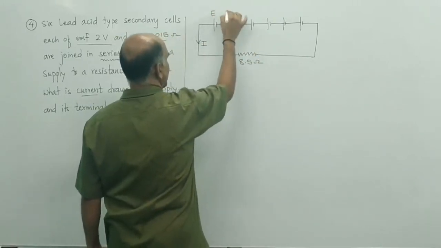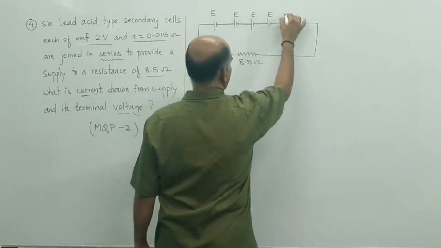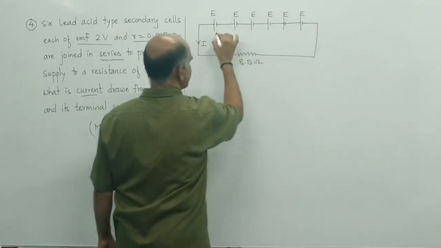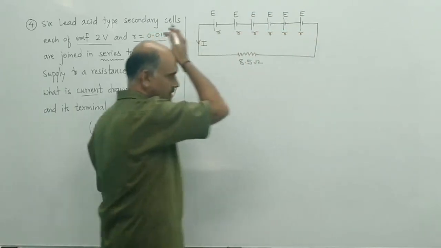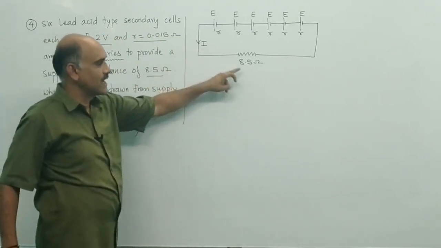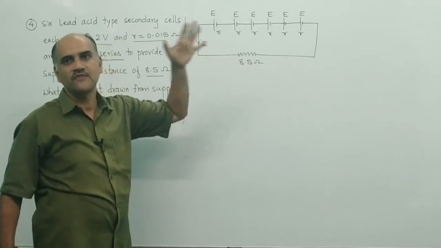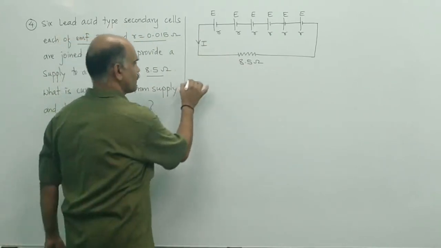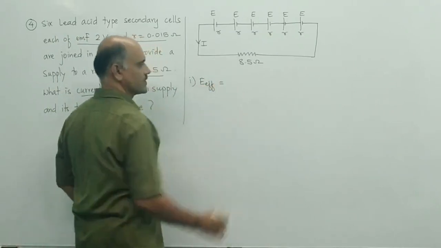I will take each EMF as E, and each internal resistance is r. So you are required to find current I and voltage V. Again, same 4 steps we will be having. So first one is E effective, the effective EMF.